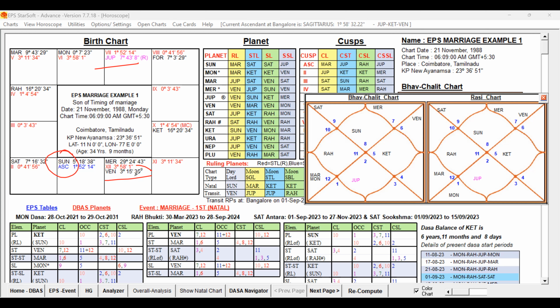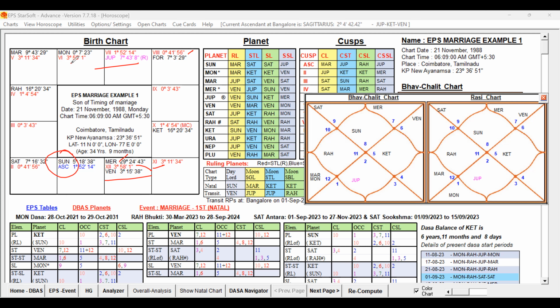Whether that Venus is influenced by the unfavorable planets of the 7th house matters. Venus is conjoined with Mercury, the 11th Lord and 8th Lord. So it is connected to houses 8 and 11. 8 is obstacle causing, but 11 is good. So Venus is conjoined with the 11th Lord, Mercury, that is good.